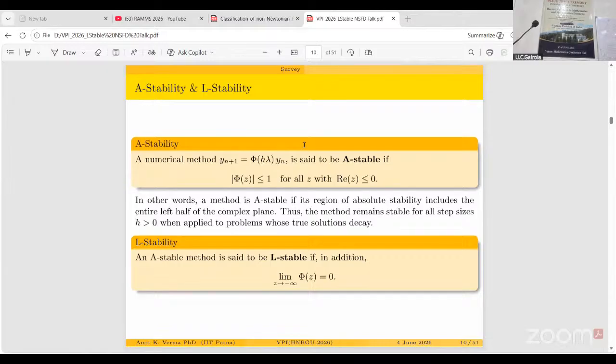That means the region of stability is the entire left half complex plane. Then your method is A-stable. A method is L-stable if it is A-stable as well as it satisfies one more condition. So for stiff differential equations, at least your method should be A-stable, and it should be L-stable if you want further better results, better accuracy.